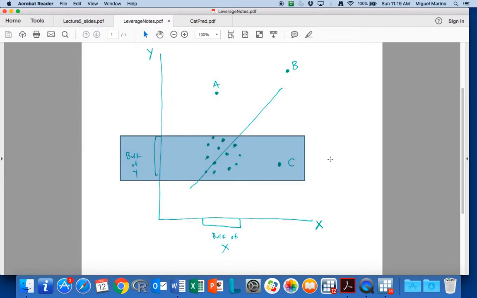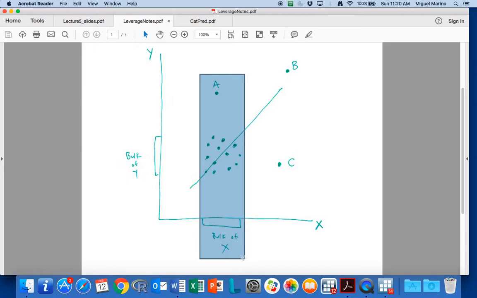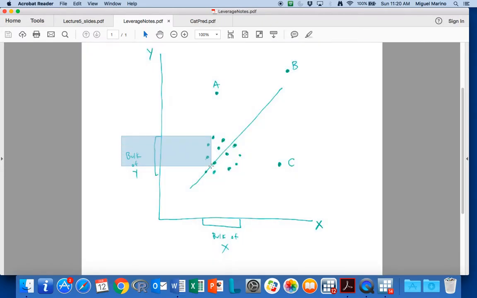If we're thinking about outliers, let's imagine that you only have A right now, so ignore B and C. Suppose you have most of your data points here, and then you have an outlier A here. This is what we call an outlier in Y, because the bulk of the Y values are somewhere over here and the bulk of the X values are over here.